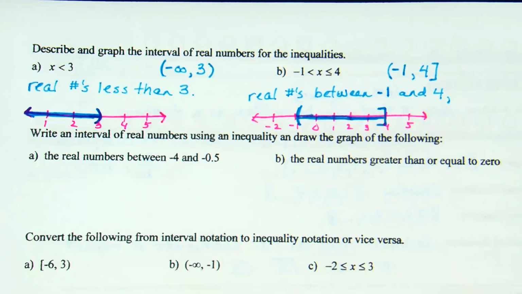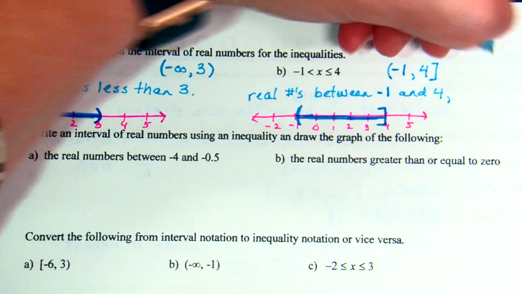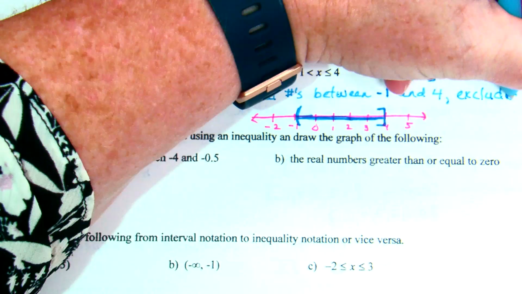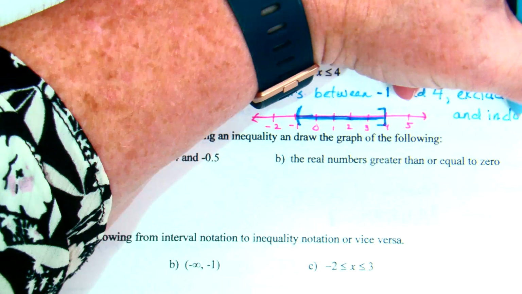We need to address those endpoints. It's excluding -1, right? So we can just say all, but then what's it do with 4? It's including 4. So I'm going to state that this is excluding -1 and including 4.